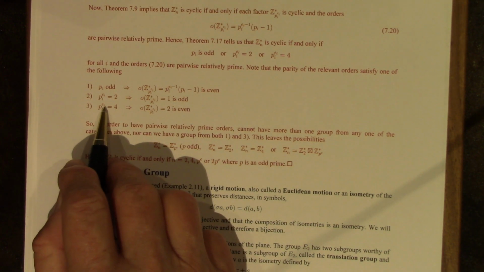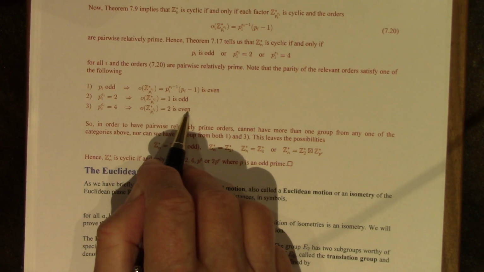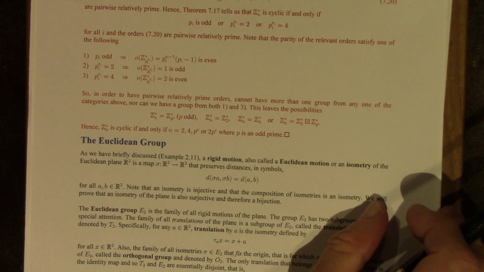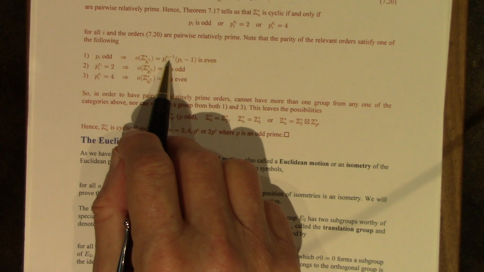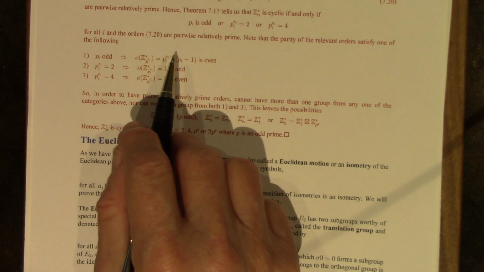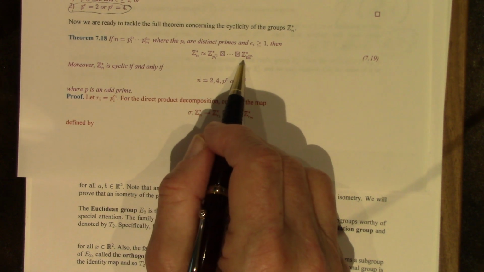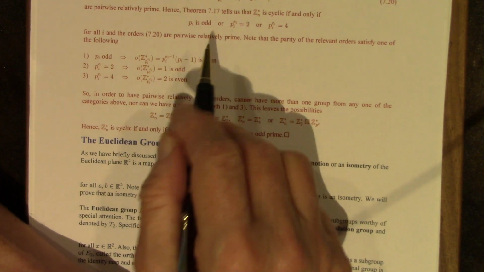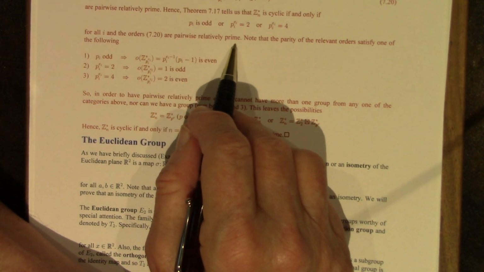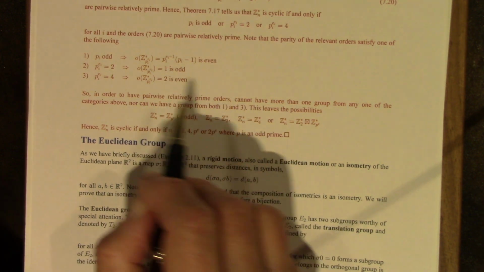And if pi to the ei is 4, the order of the group is 2, which is even. So, under what circumstances can we have a direct sum that looks like this without violating the pairwise relative primeness of the orders of the factors?